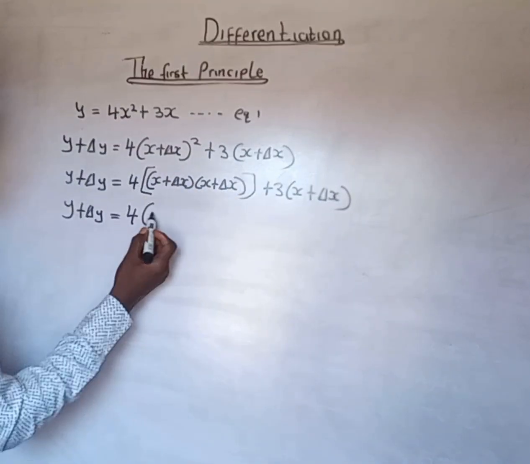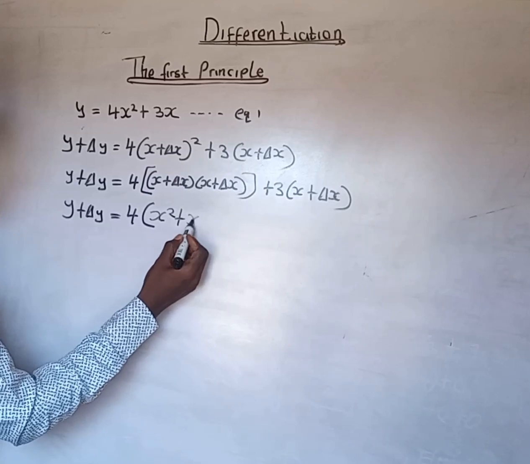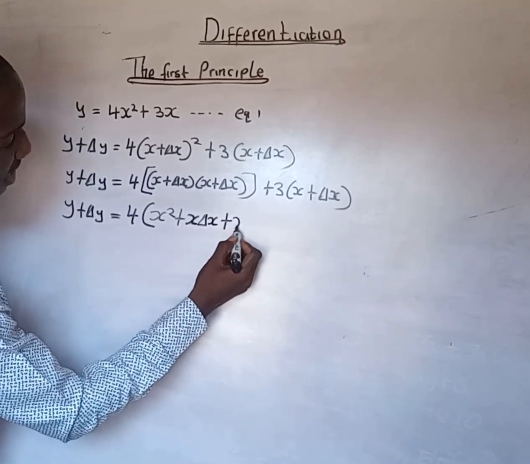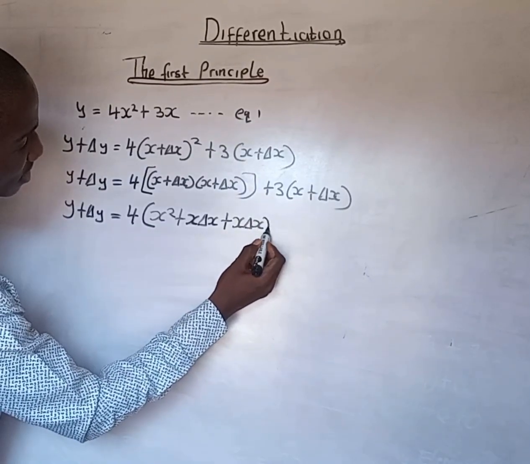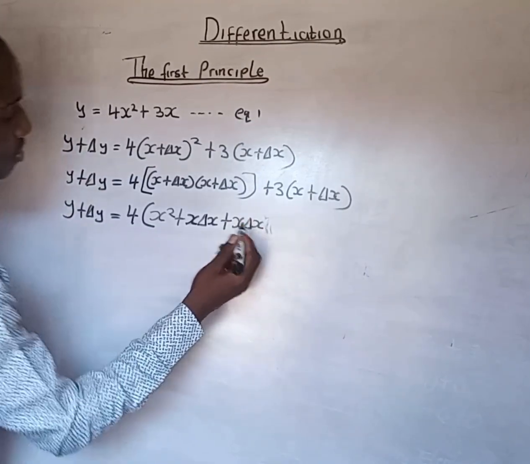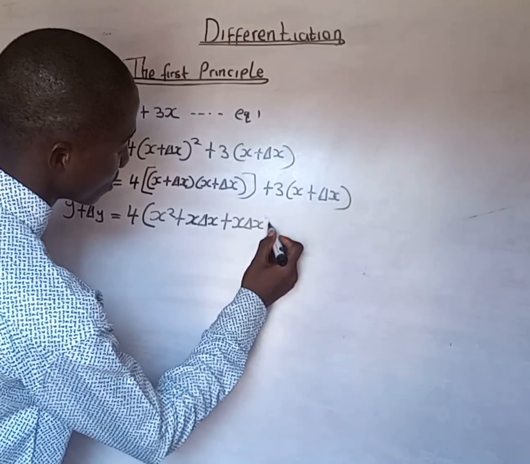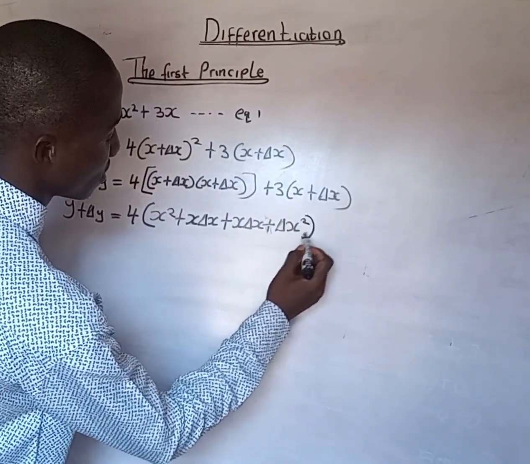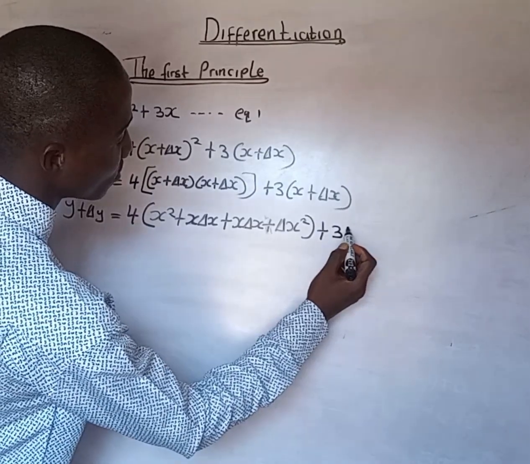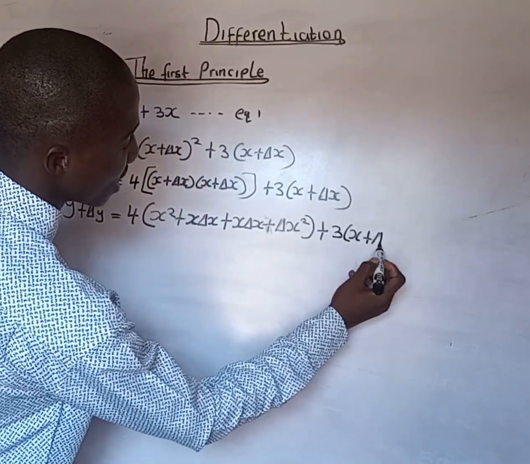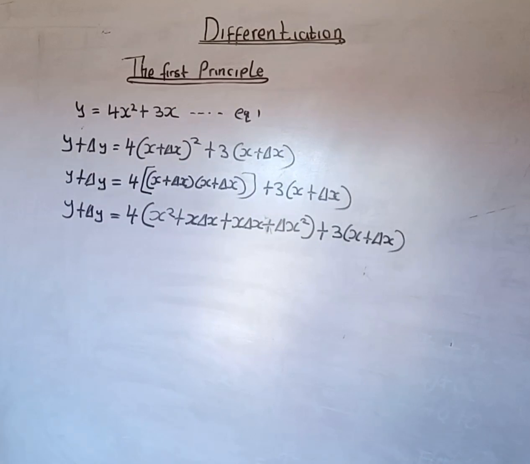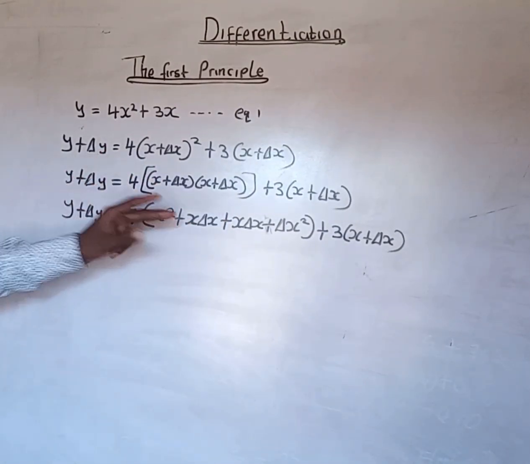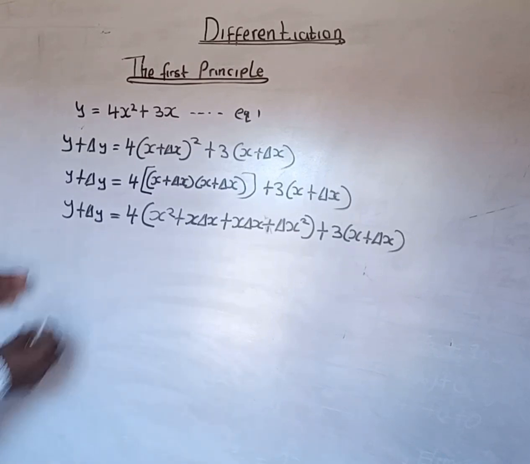If I expand it, I'm going to have x squared plus x delta x plus x delta x plus delta x squared, plus 3 into bracket x plus delta x. So after multiplying this, I have this. This is the 4 that I have here. So after this, the next thing is to proceed to the next line.